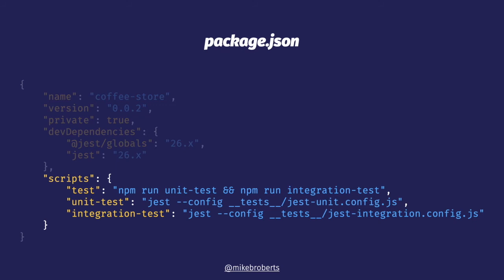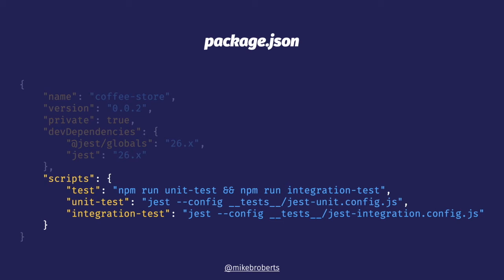Now, to separate out the unit tests and integration tests requires some Jest configuration changes. So we go to our package.json, and first of all, we introduce separate unit and integration test scripts. But we also have this convenience method called test, the one we had before, which runs both of these two separate scripts.